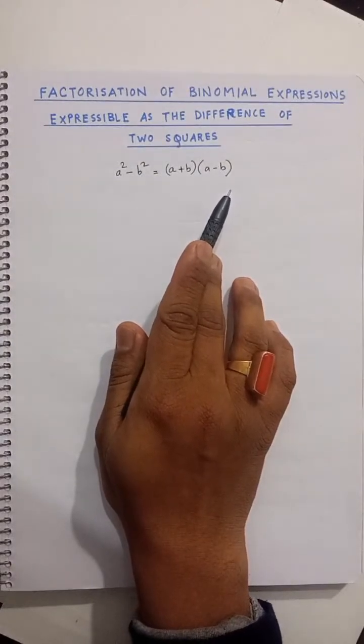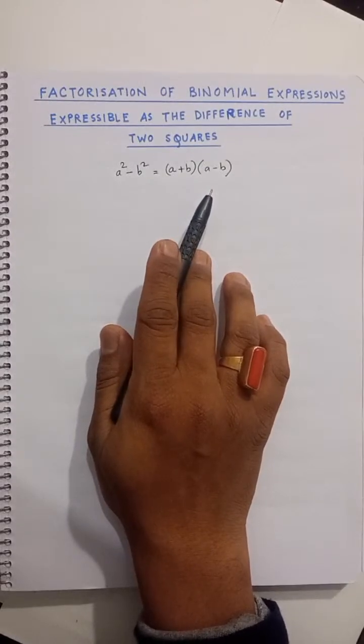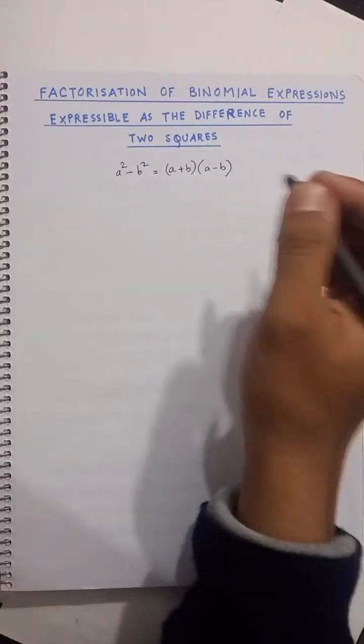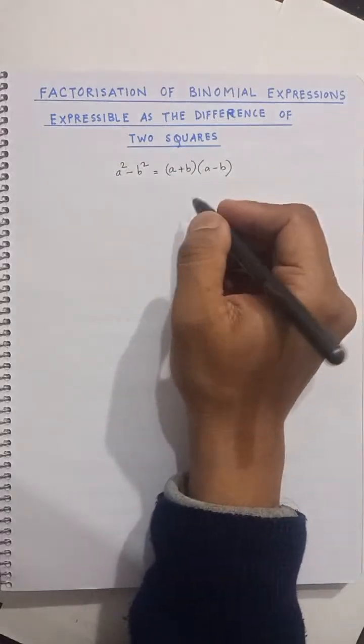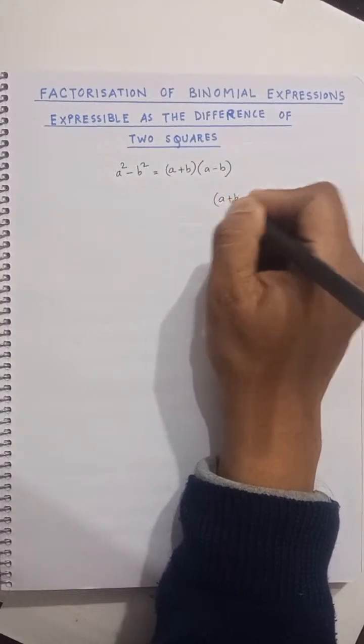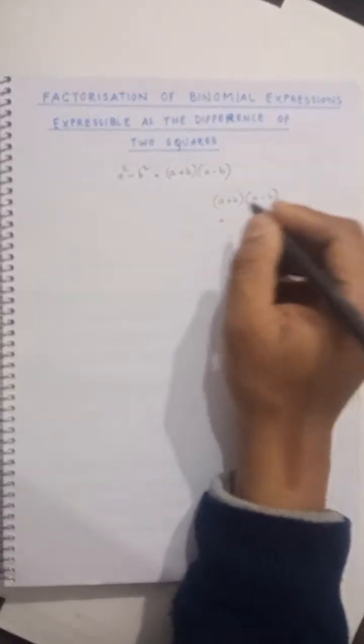Before proceeding with factorization, let me remind you one thing. Sometimes students tend to forget the identities. In case you forget identities, you can just multiply and check what the identity was. So a plus b into a minus b, we can multiply.